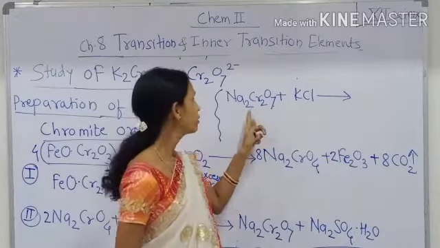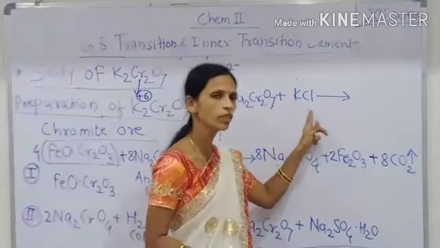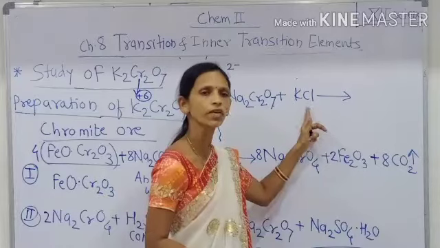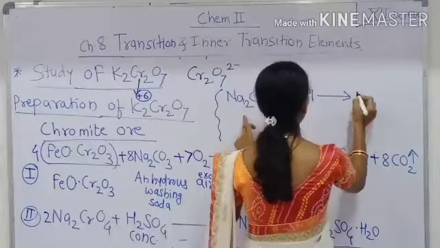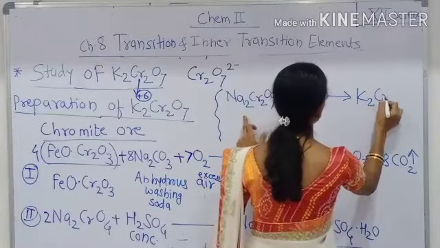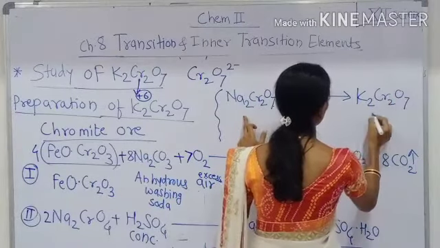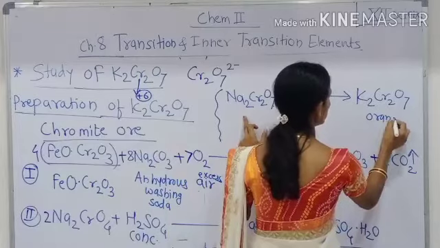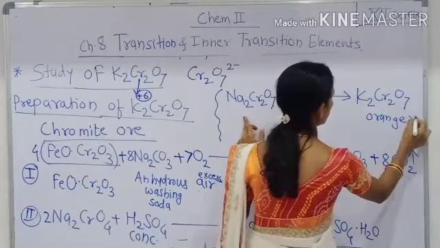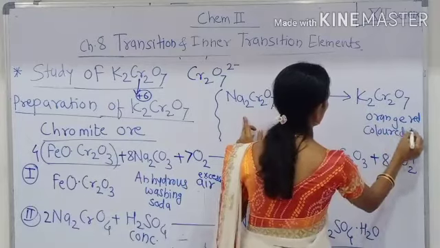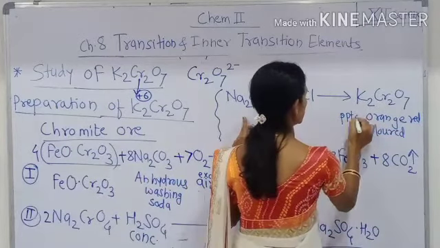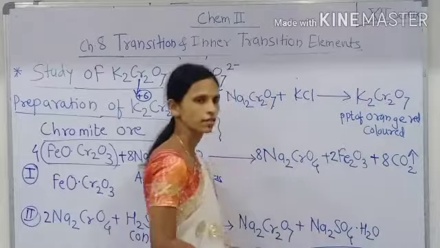When sodium dichromate is treated with an aqueous solution of KCl on heating, it is converted into K2Cr2O7, and an orange red colored precipitate is formed in this last stage.